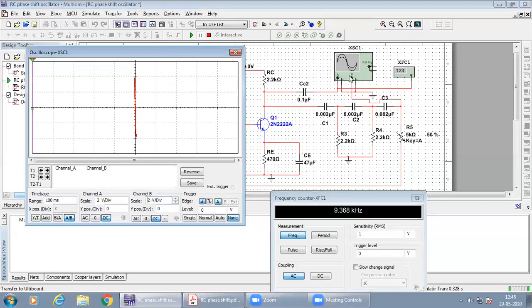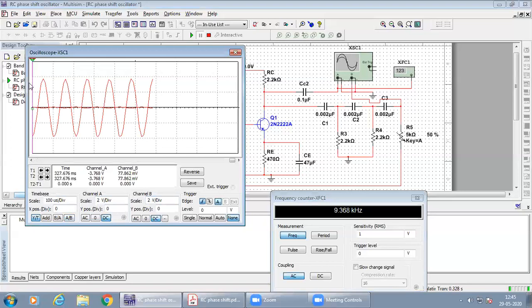The observations to be made for this particular experiment are the amplitude of the signal observed at the output of CC2, the frequency from the frequency counter, and the phase shift measurements. So roughly, let's estimate the amplitude. I've taken cursor 2, which moves on the sinusoidal wave, the output of capacitor CC2.